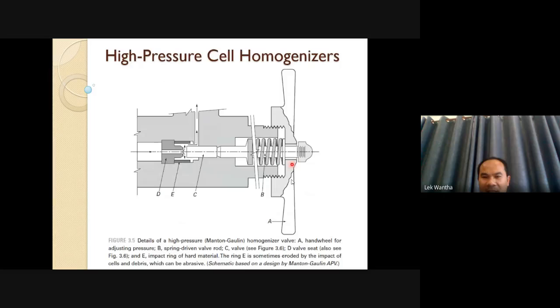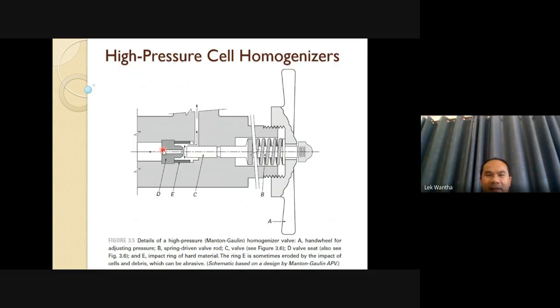If you rotate A, it moves the valve to this and then in this direction. That is the first pass, and then you can rotate again to contact the second valve, the third valve, and so on. If you add more cycles, we will get higher efficiency to break the cell.